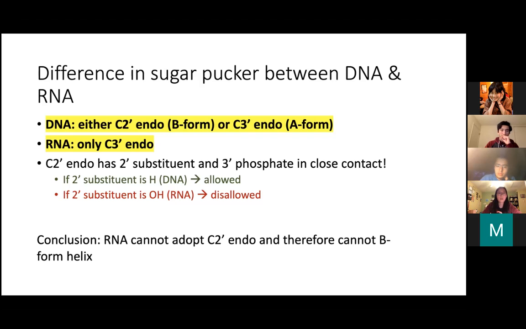And so C2' endo is allowed in DNA. Whereas in RNA, the 2' substituent is a hydroxyl group, which is significantly larger than a hydrogen atom, and being that close to a phosphate group is really not favorable. So that conformation is not allowed. If you take away anything from the slide, it's that RNA cannot adopt C2' endo and therefore cannot form a B form helix.